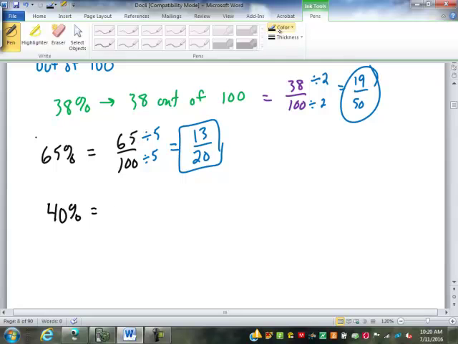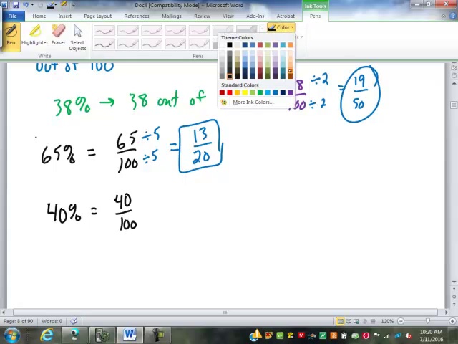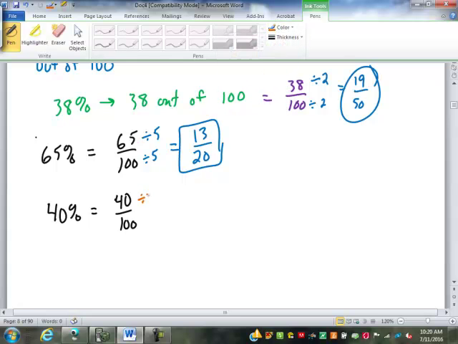So 40% is 40 out of 100. Both of those can be reduced by 20. Very good. To get 2/5, 2 out of 5. Now it doesn't stay that easy.